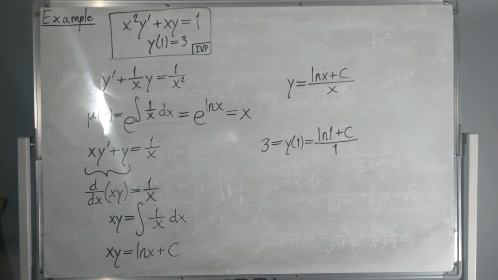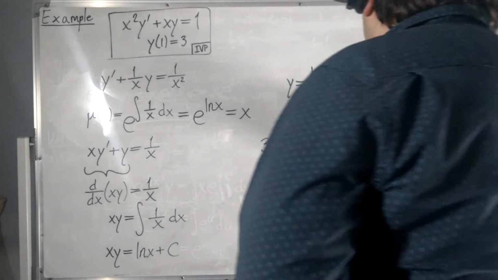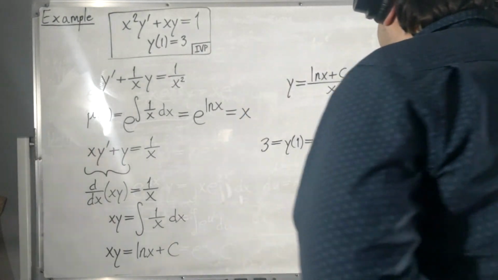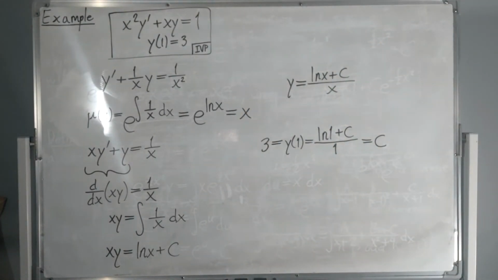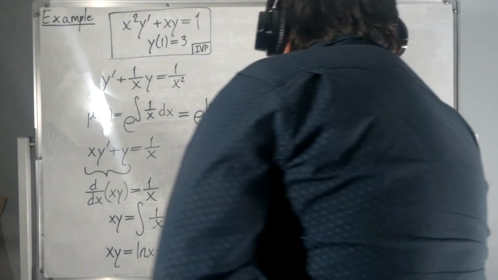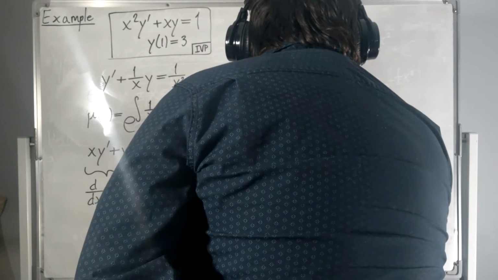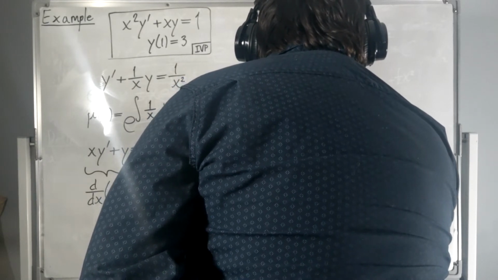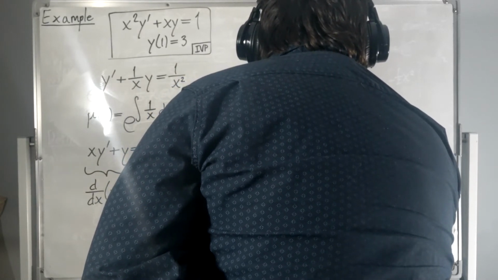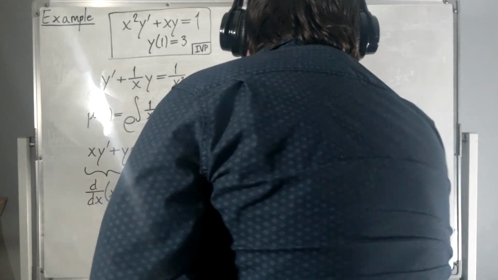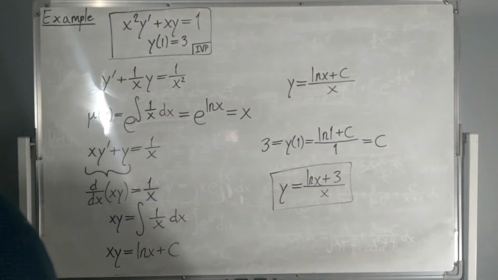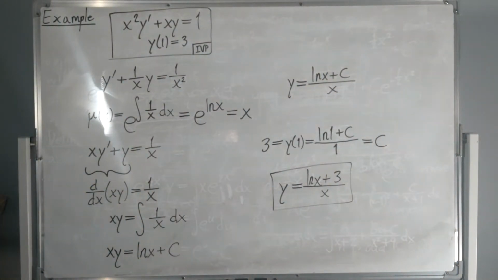So we have just c divided by 1, which is c. Therefore, c equals 3, which means that we are looking at the function y equals (ln x plus 3) divided by x. And that is the particular solution that solves our initial value problem.